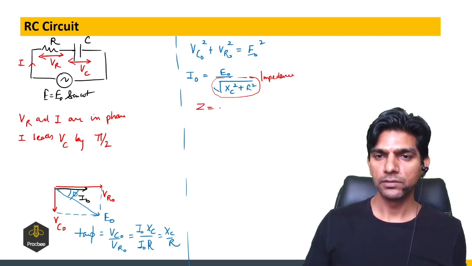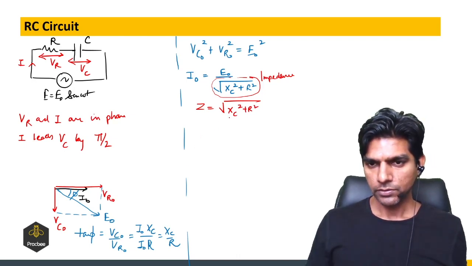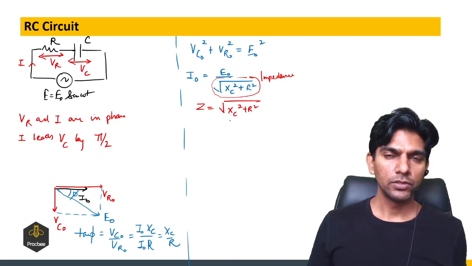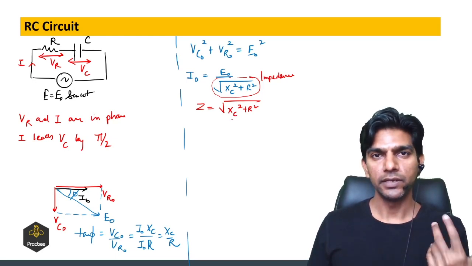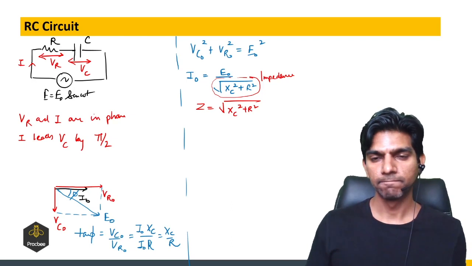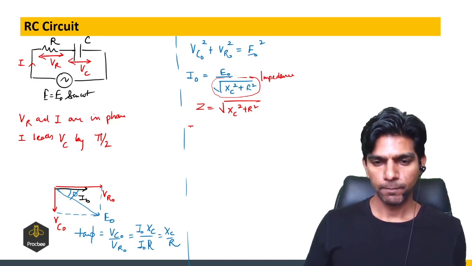So Z is root of XC square plus R square. And since XC is inversely proportional to angular frequency, as the angular frequency increases, XC will decrease, so the impedance will decrease.